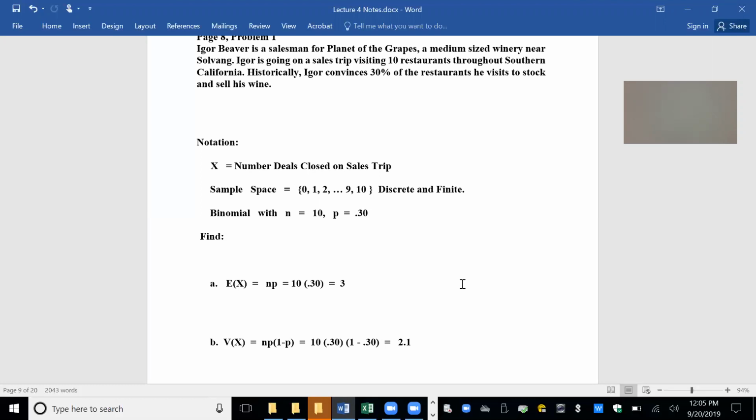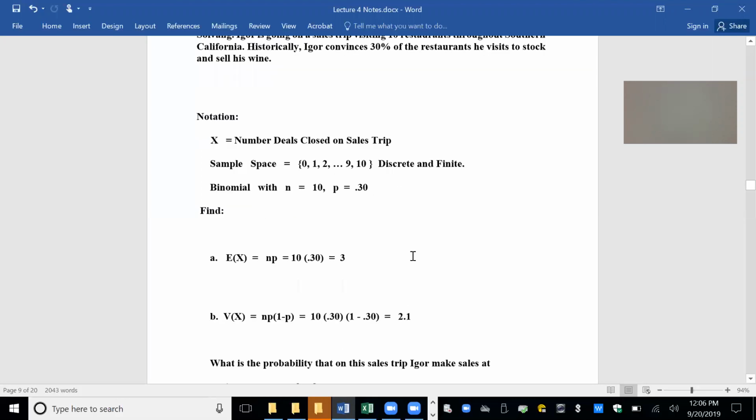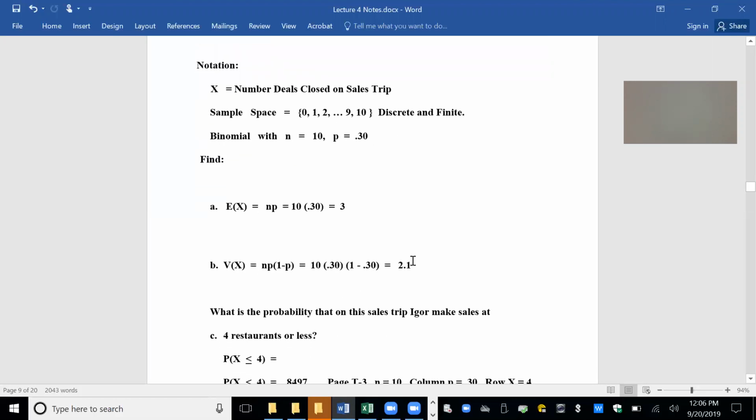He's going to do a sales trip for 10 restaurants throughout Southern California. Historically, Igor convinces 30% of the restaurants to stock his wine after he makes his sales pitch to them. So, letting X be the number of deals he closed on his upcoming trip, what is the sample space?